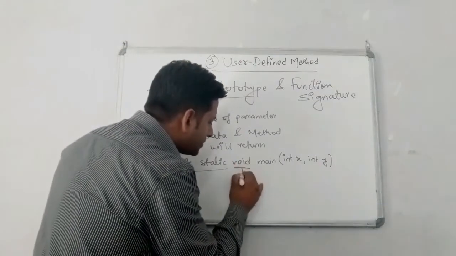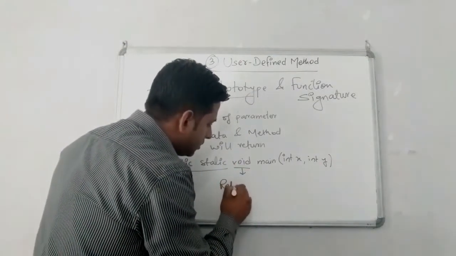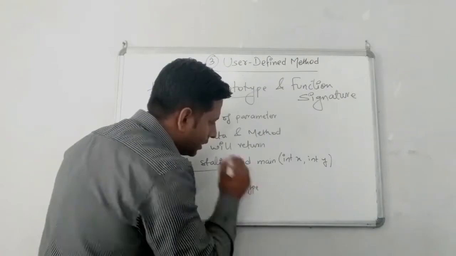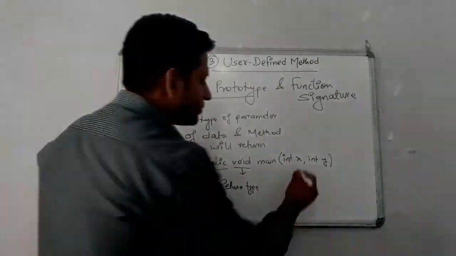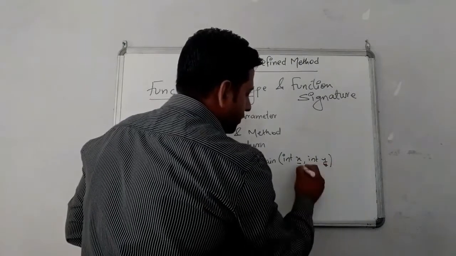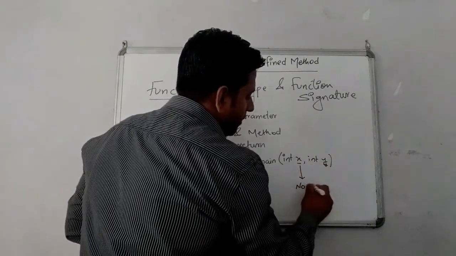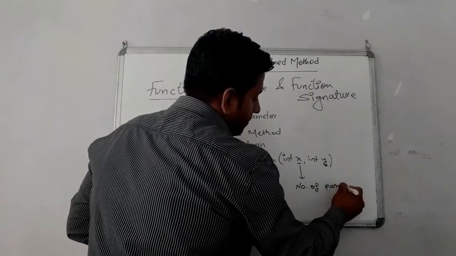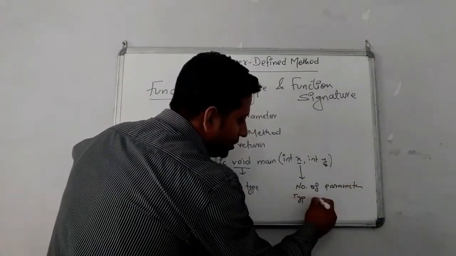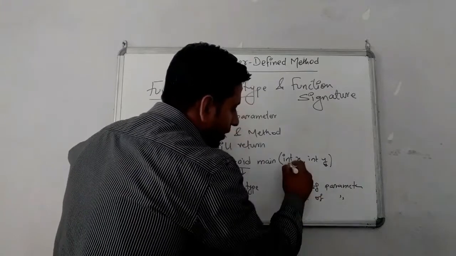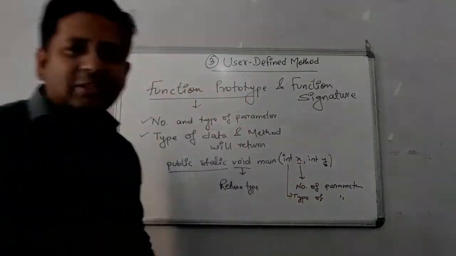So void gives us the information about the return type. Main is the name of the function, and here x and y are the parameters, and the type of parameter is int.